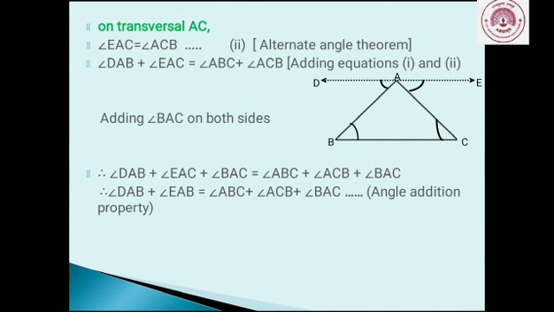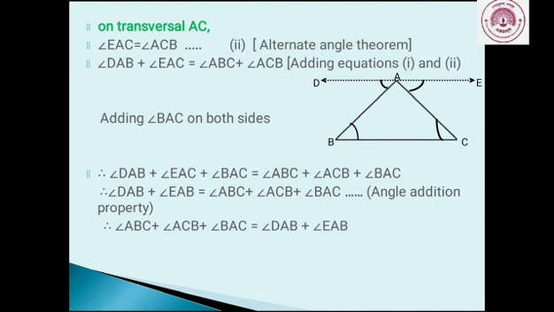So substituting angle EAC plus angle BAC equals angle EAB in the above equation, we get angle DAB plus angle EAB equals angle ABC plus angle ACB plus angle BAC. Therefore, angle ABC plus angle ACB plus angle BAC equals angle DAB plus angle EAB.